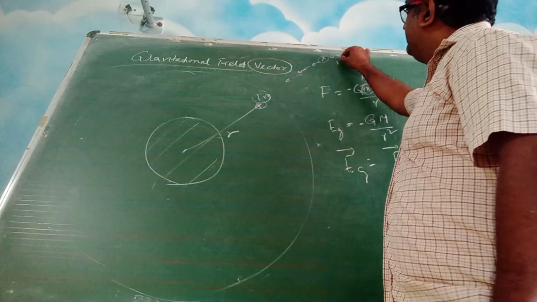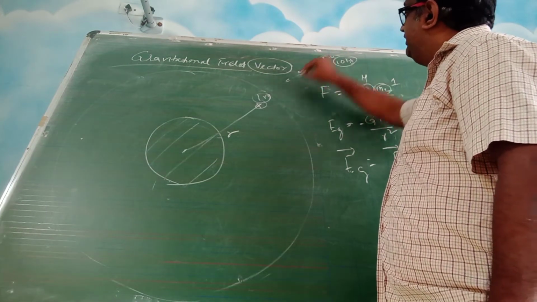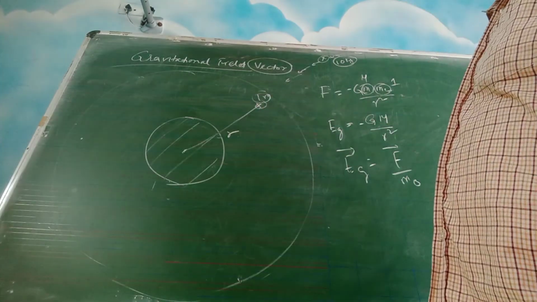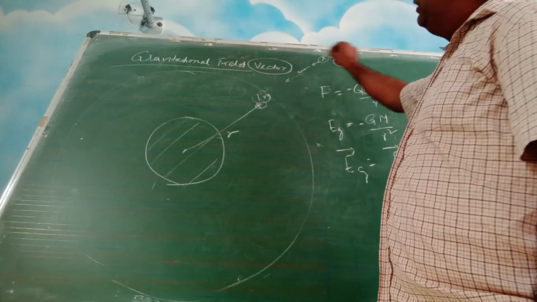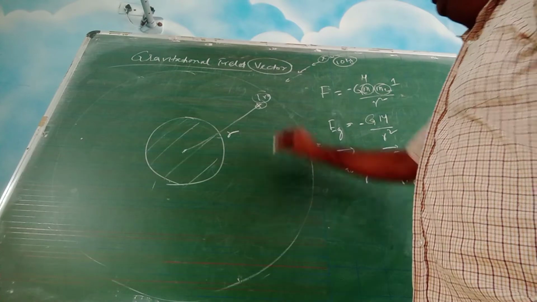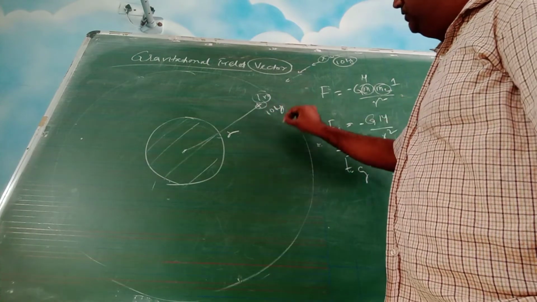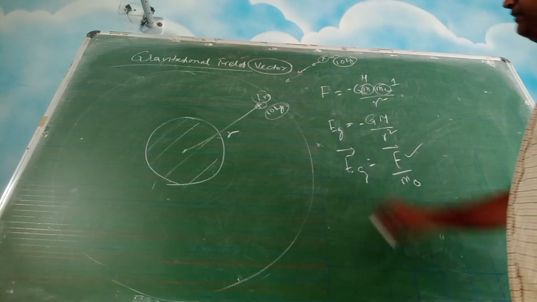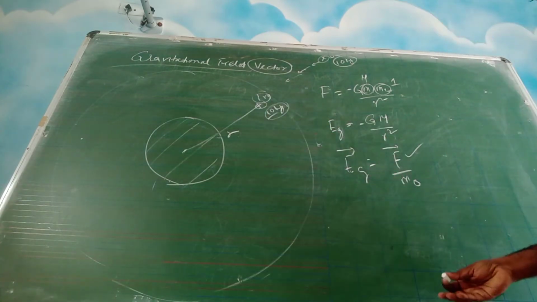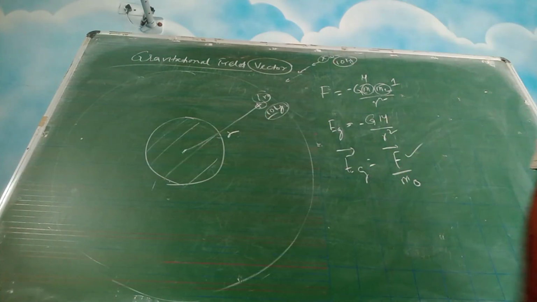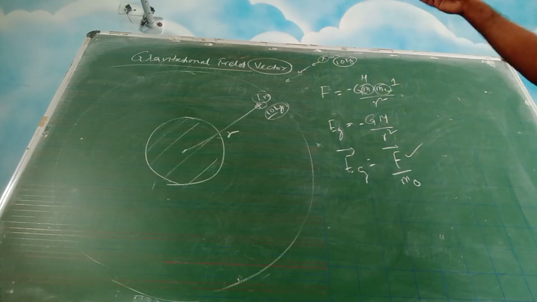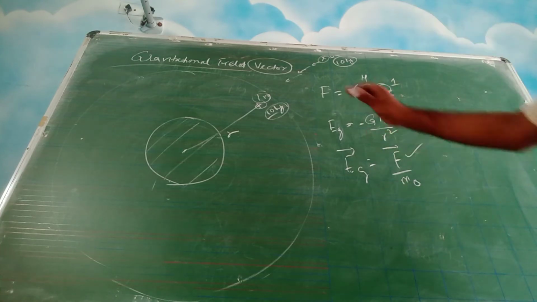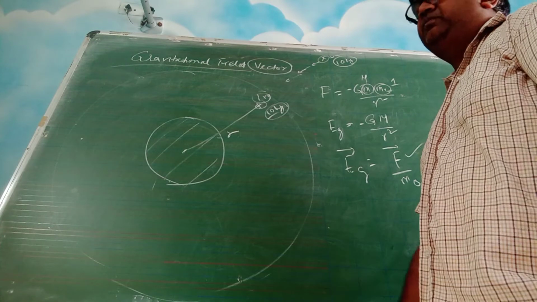I will bring 10 kg from infinity to this point. Now 10 kg is here. Between this 10 kg and the earth I will find the gravitational force, and I will divide by 10. It is equal to saying that I have brought the unit mass, because proportionately we are talking about it. We discussed this with potential also.